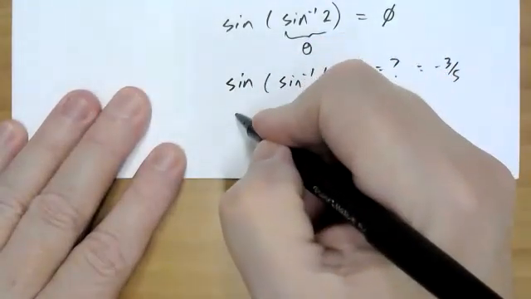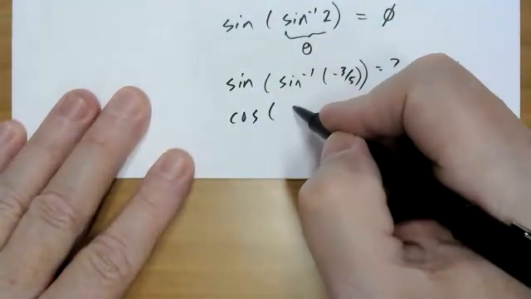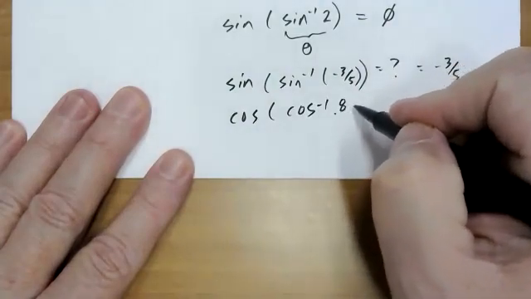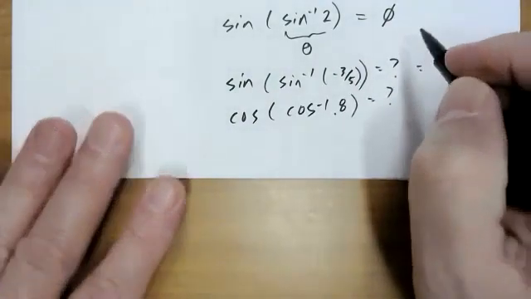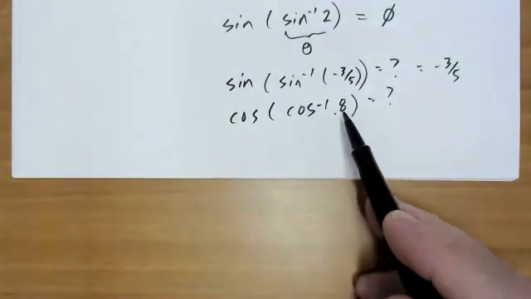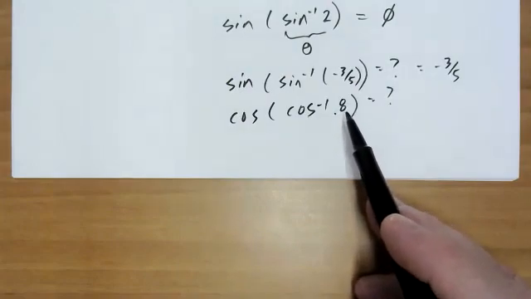Let's do one more. How about the cosine of the inverse cosine of 0.8? I look at the number. Is the starting number between -1 and 1? Yes, it is.